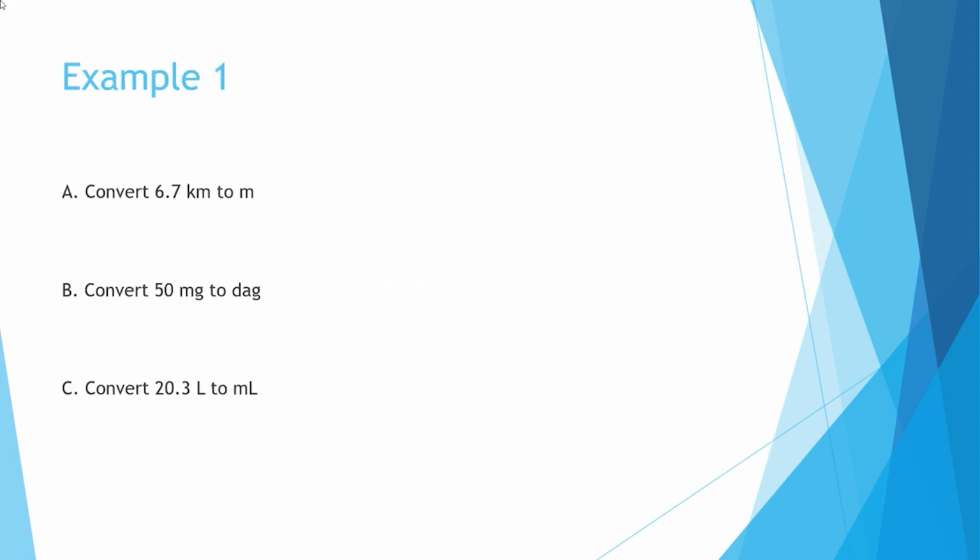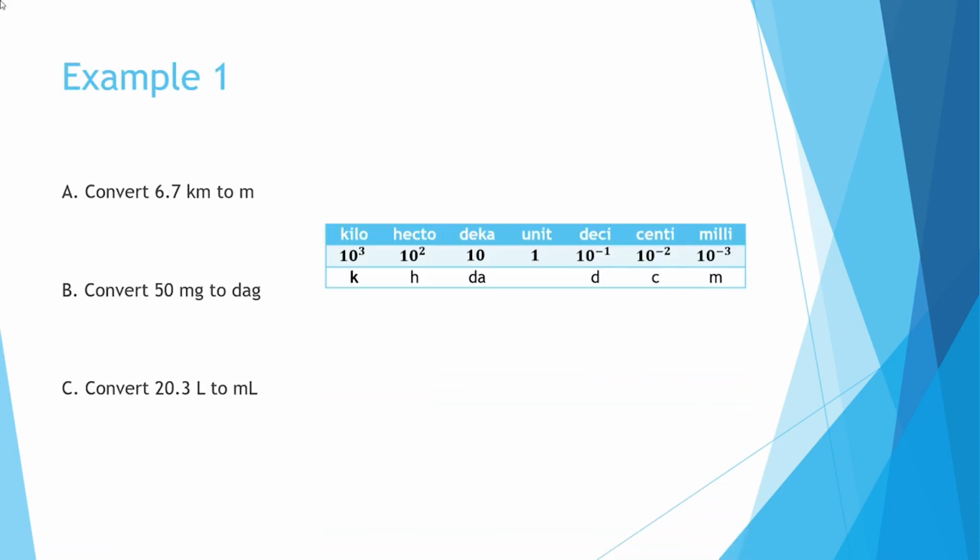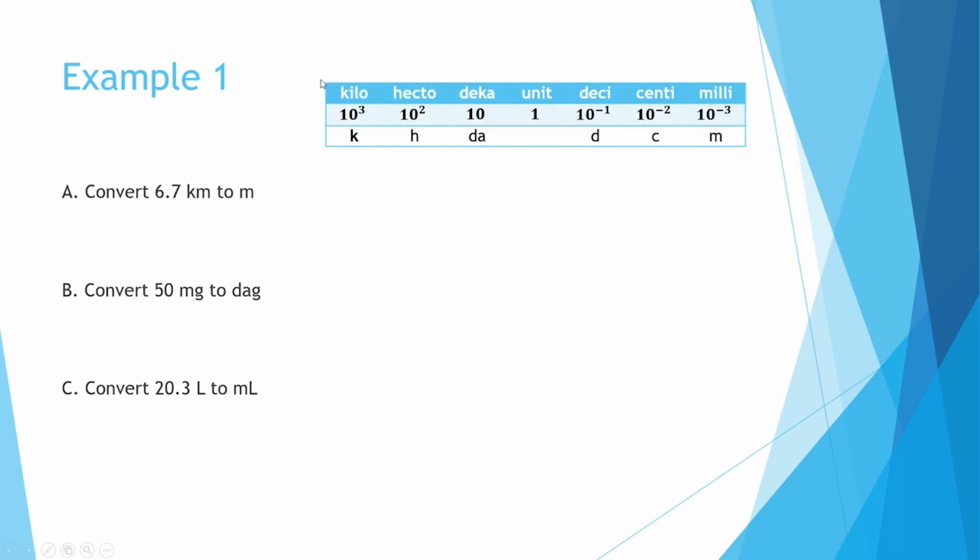Right, so let's look at some examples. Again, you can bring out the chart. Again, you can kind of ignore mega and micro for now. But again, you might see it in other classes, depending upon what program you're in.